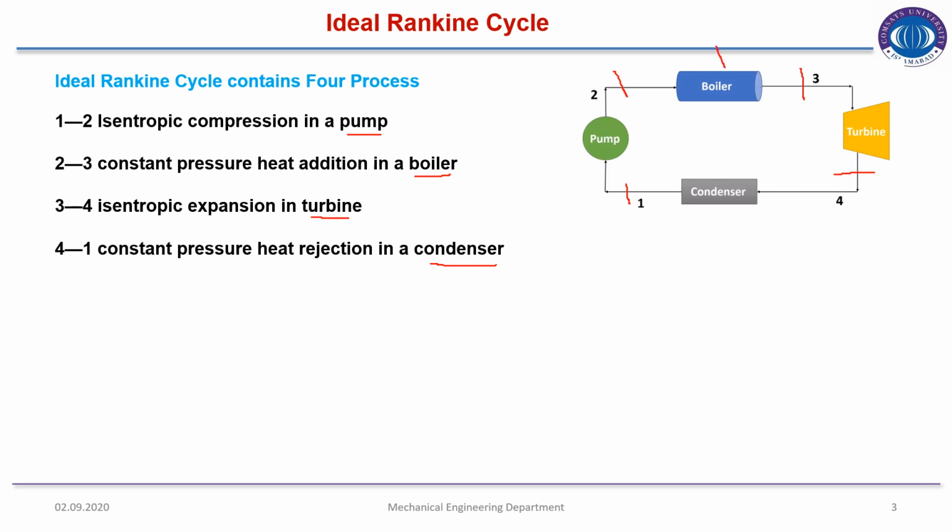So heat is added into the boiler, Q1, and heat is rejected through the condenser, that is Q2. The pump is a work consuming device, so WP amount of work is the pump work that is introduced into the pump, and turbine is a work producing device which produces WT amount of work.